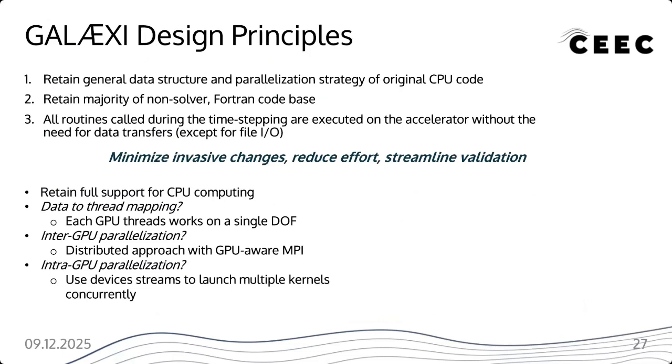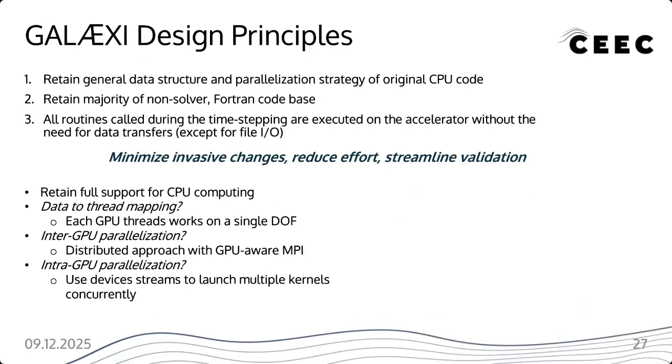A couple of other decisions we made: we did decide to retain full CPU support. We decided that we were going to map a single degree of freedom to a single GPU thread. This showed to be the most performant way to do things, and it was a good decision. I'll prove that later. We went with GPU-aware MPI, and again, we did not change any of our original MPI strategy.